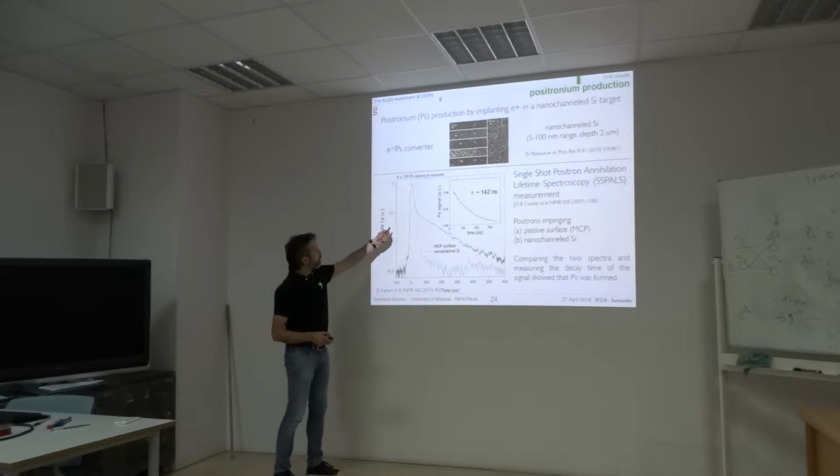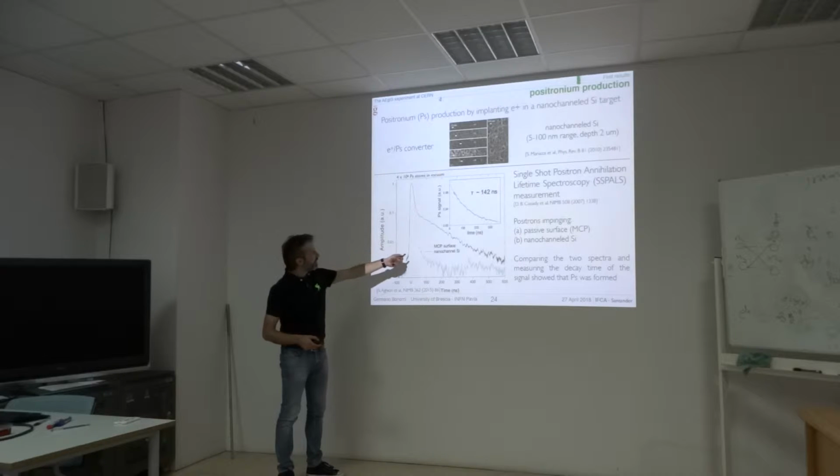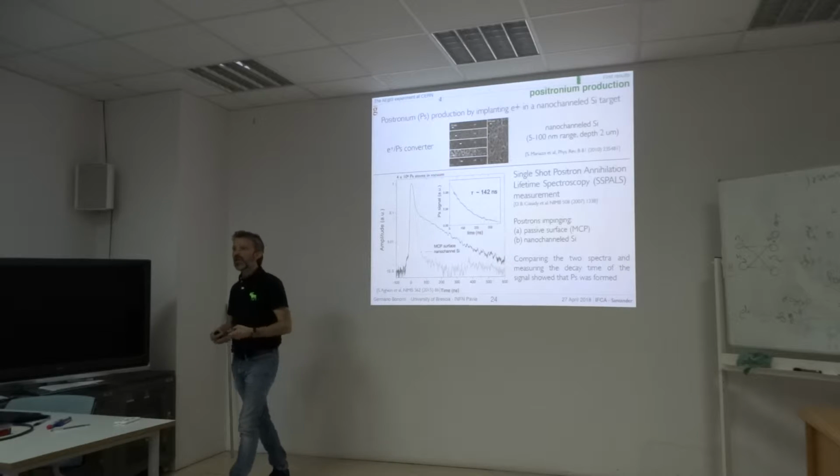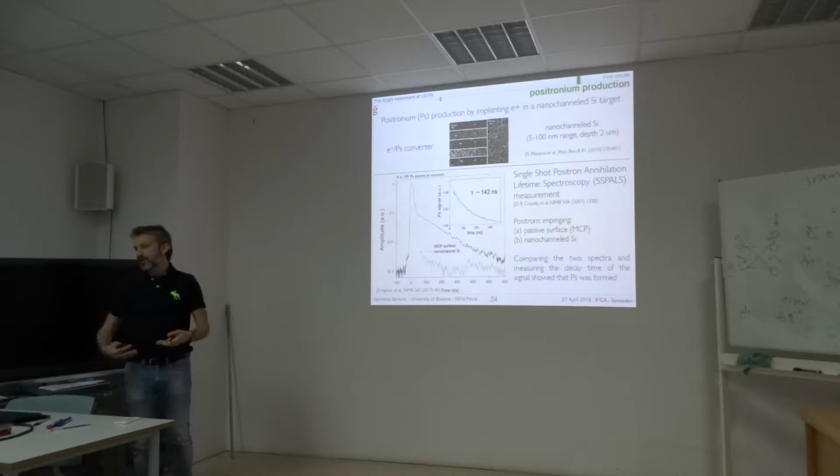This is the curve with the passive system, and this is the curve with the active system. You clearly see that you have annihilation at a longer time because the positronium lives longer than the positrons. The lifetime is about 142 nanoseconds, and this is compatible with the production of positronium.